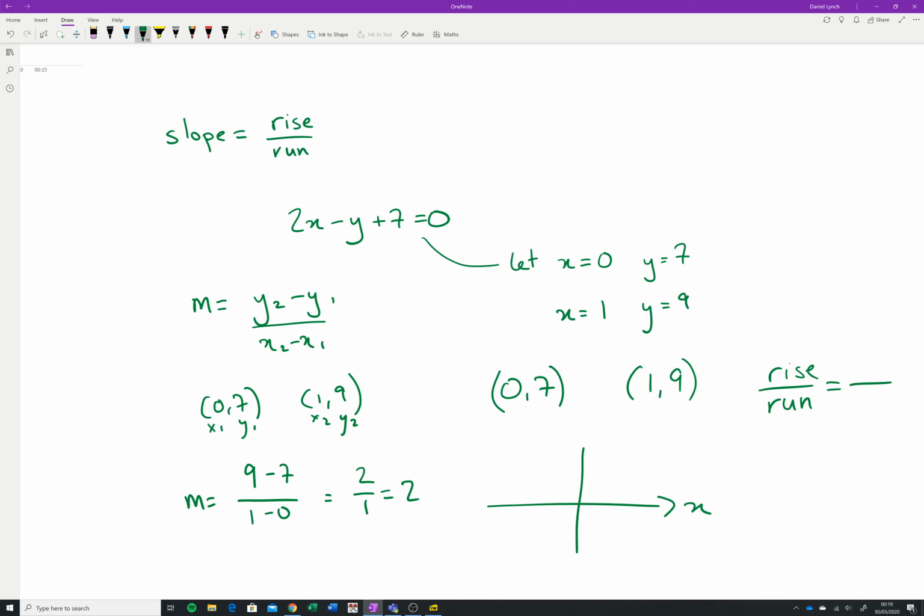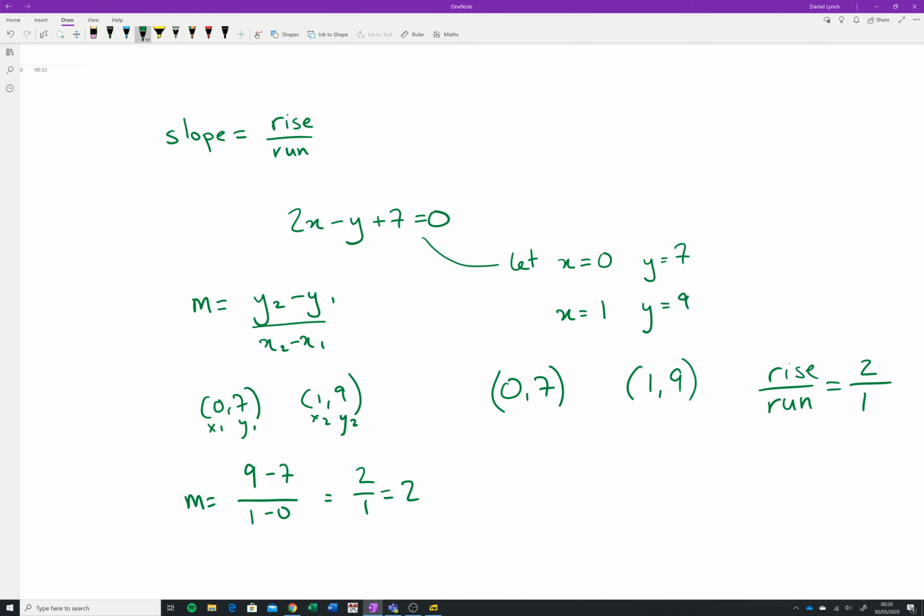The run, how much we moved over was 1. We went from 0 to 1. How much do we go up by? That's going to be your y value. We went from 7 to 9, so we've risen by 2. And there you go. So actually you don't even need the formula. You can always just look at it and just immediately say that rise over run is equal to 2.